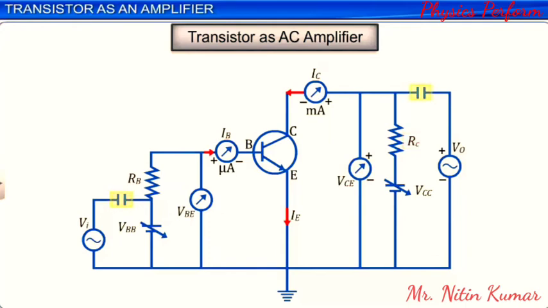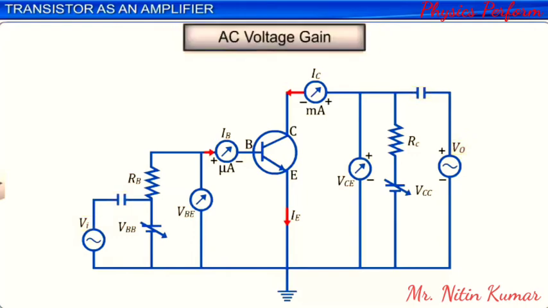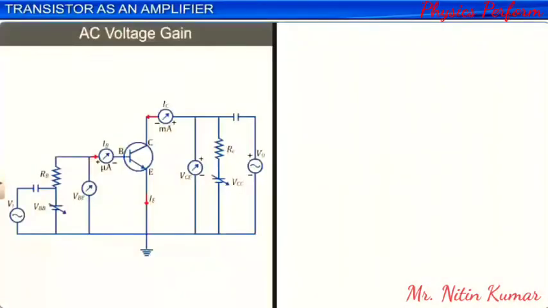Let us now derive an expression for AC voltage gain in the transistor amplifier. Initially, let us assume the input voltage VI is equal to 0, and, applying Kirchhoff's law to the output part of the circuit, we get VCC is equal to VCE plus IC into RC.